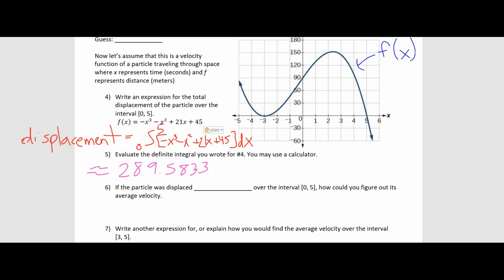Well, again, pause the video, think about what those units should be. Well, whenever we evaluate a definite integral of a function, the units are going to be from what the original function would have been. So if we're evaluating velocity, the units are going to be what the units would have been for the position function. In this case, meters.